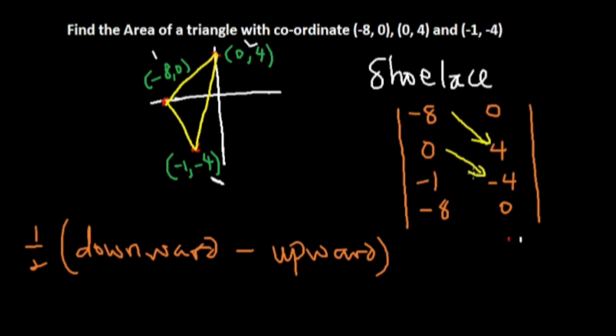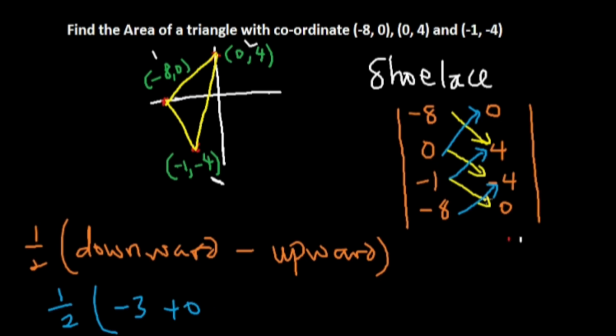Okay, so what you do now is you draw the line, this to this, this to this, then this to this. Then the upward direction, this to this, this to this, then this to this. So let's take a look at the downward movement first. Downward movement is minus 8 times 4, that is minus 32. The downward movement again is 0 times 4, that's still 0, that's plus 0.